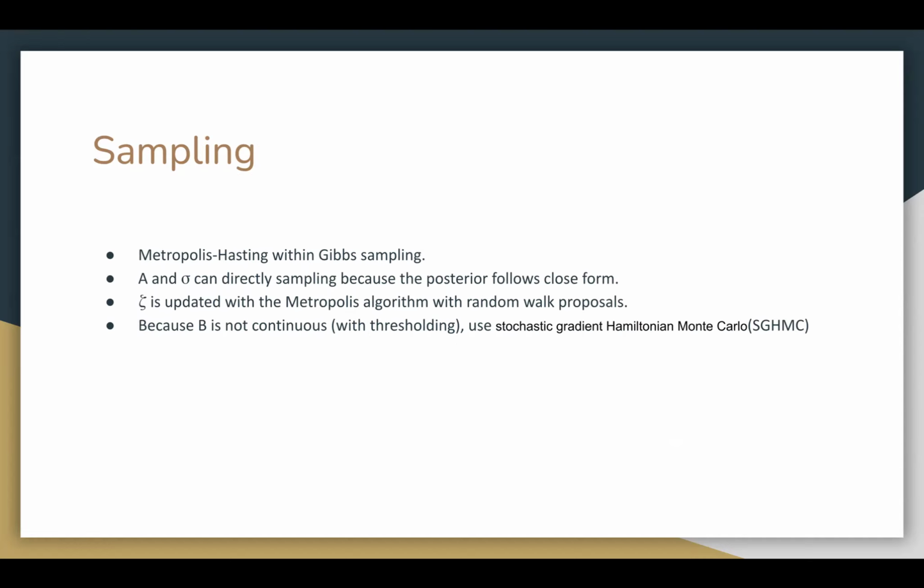So actually, all of this is a method. I think because of all their sampling process, with the stochastic gradient Hamiltonian Monte Carlo, it's designed particularly because their function, after thresholding, is not a continuous function anymore.